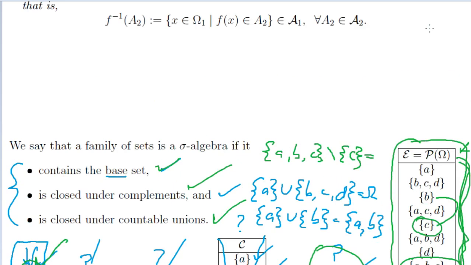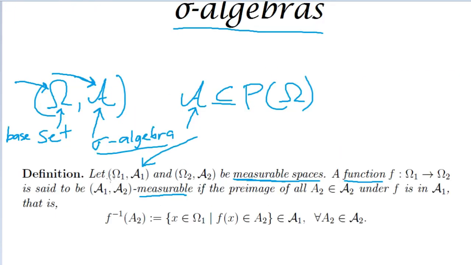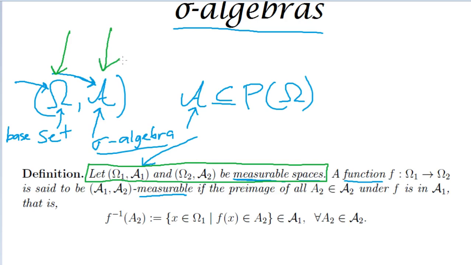Okay, so now we have gotten through this first sentence here. We know what we would have to do in order to have a measurable space. We just have to have a pair, the first element of which is any old set, and the next one has to be a sigma algebra.